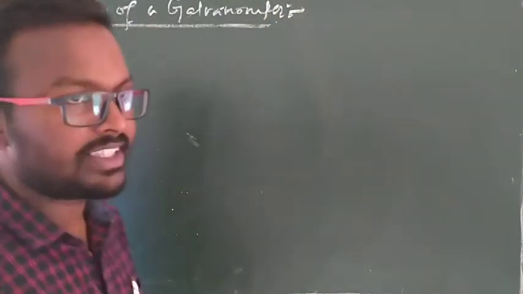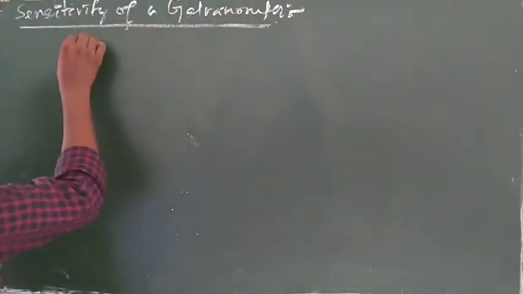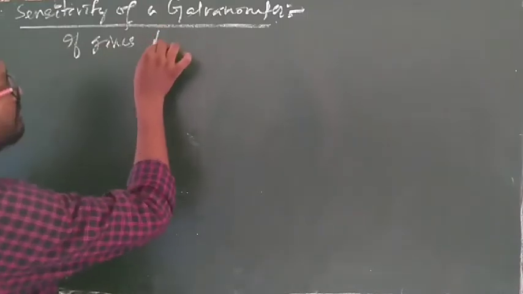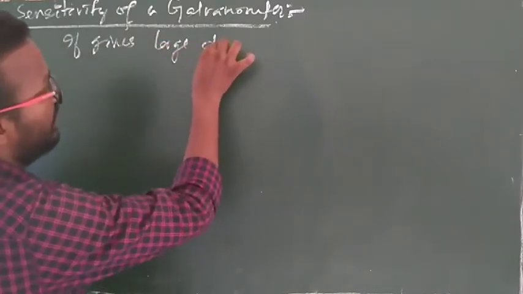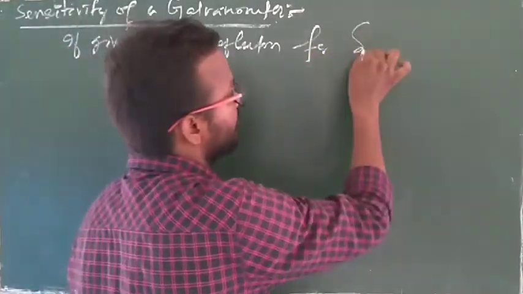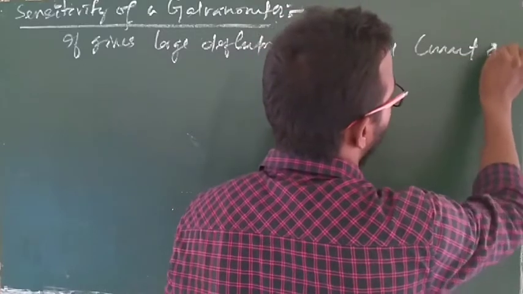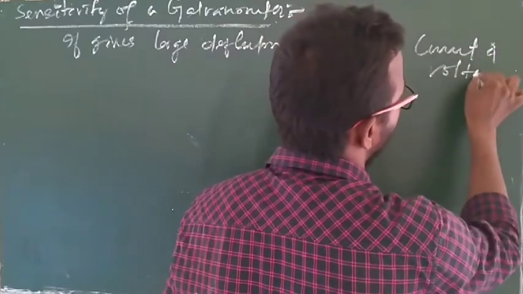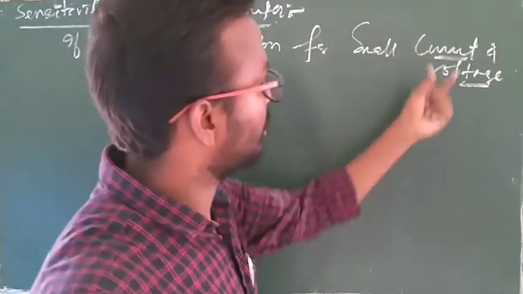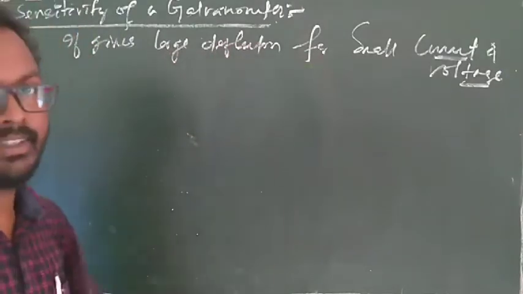A sensitive galvanometer gives a large deflection for small current and voltage. For a small current flowing through the circuit, or for a small voltage, the deflection is very large.